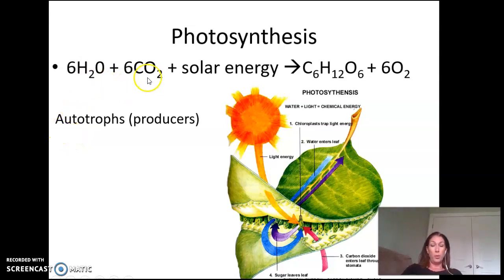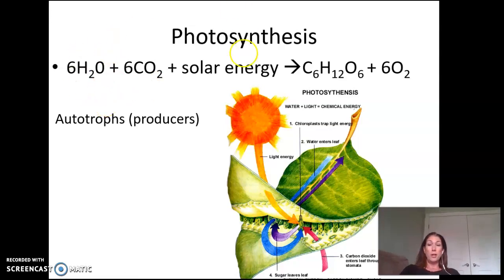Now, we've talked about this equation before, and again, it is something you need to know. So we take our water, carbon dioxide, and energy from the sun, and within the chloroplasts of our producers, it can create glucose, which is C6H12O6, and oxygen. Now, again, I think this is an equation you guys should memorize.